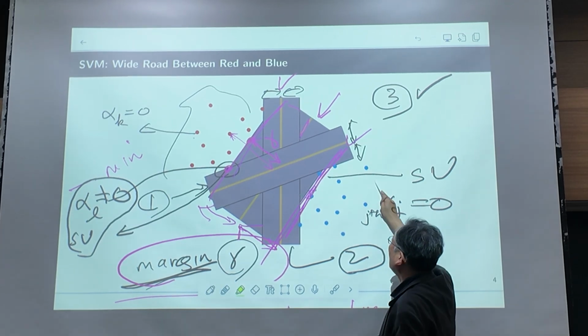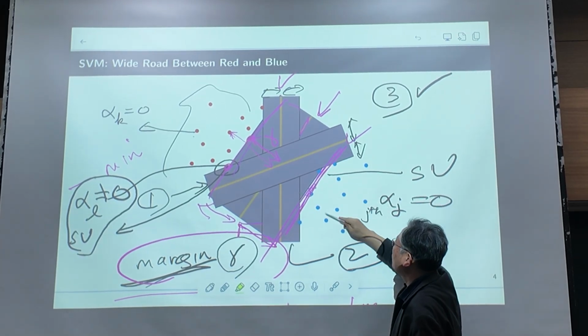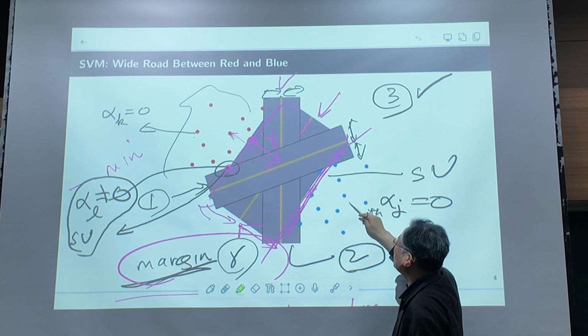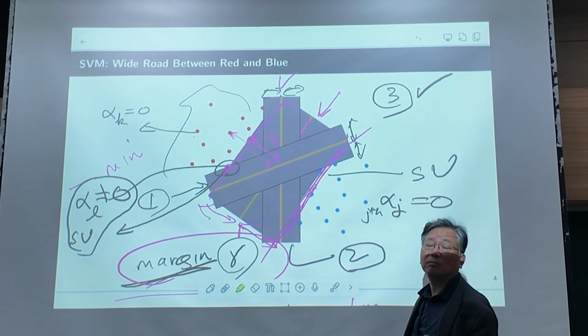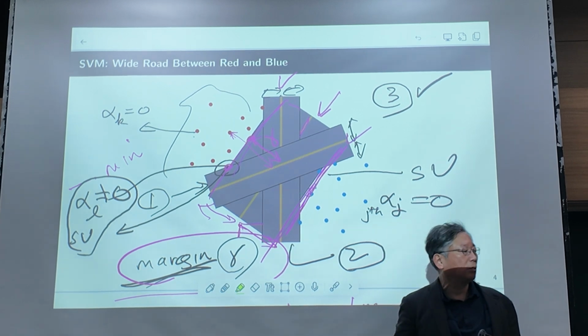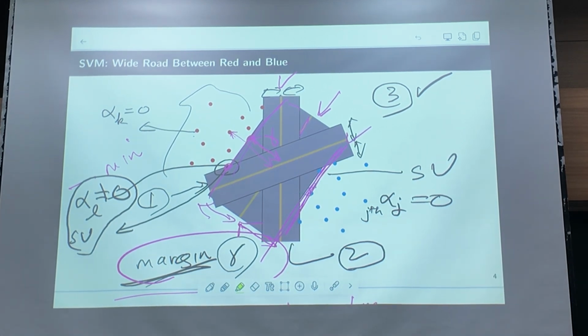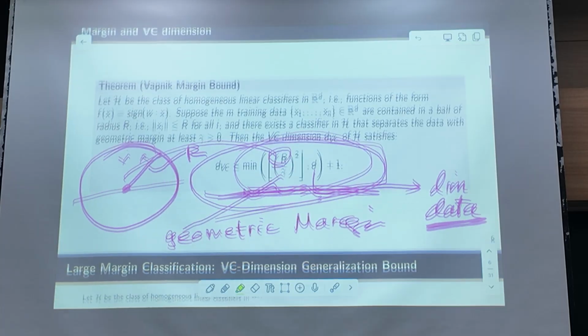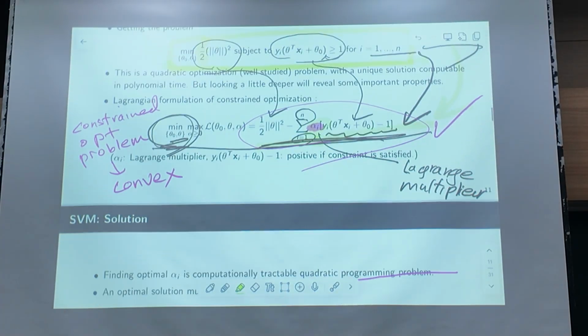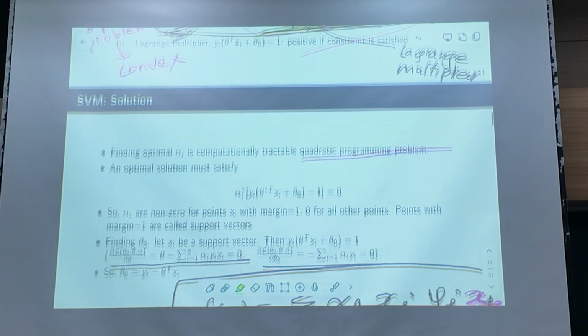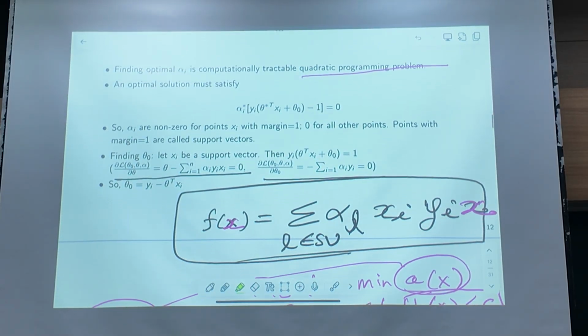All of the Lagrange multipliers for all of the data, except for the support vectors, are equal to 0.